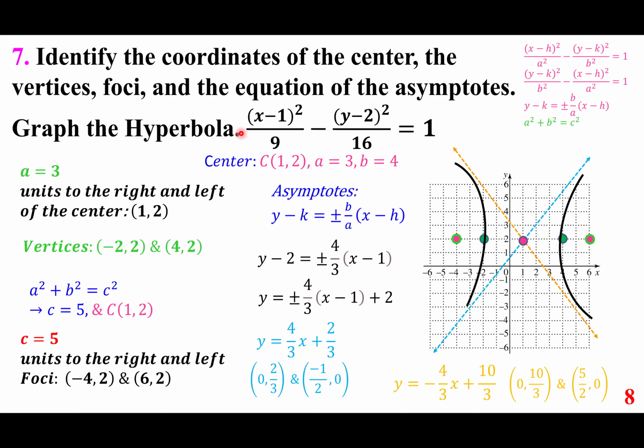Then, because the coefficient of x is positive, we go a units to the right and left to find the vertices, and then we do the drawing. Then back to the center, c units to the right and left to find the foci, and to find the foci, a squared plus b squared equals c squared. We are going to move on, everybody.